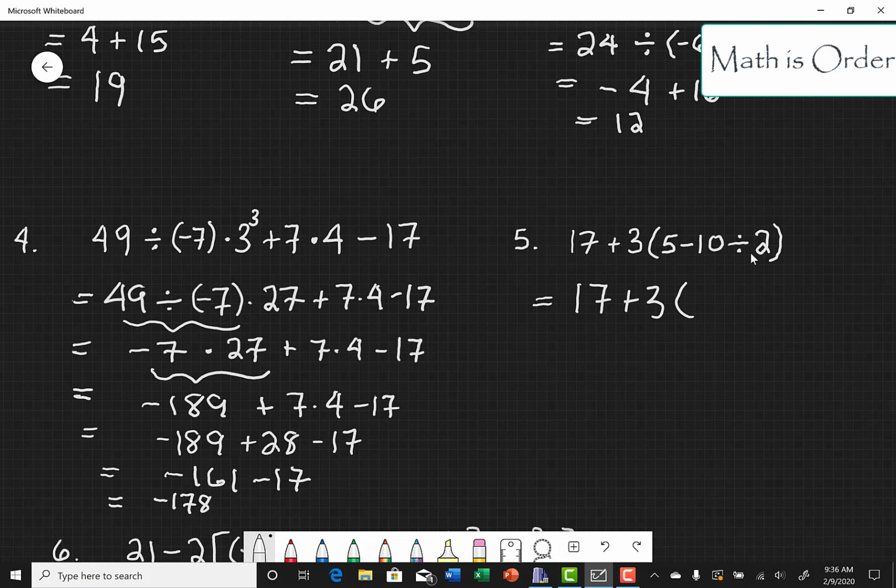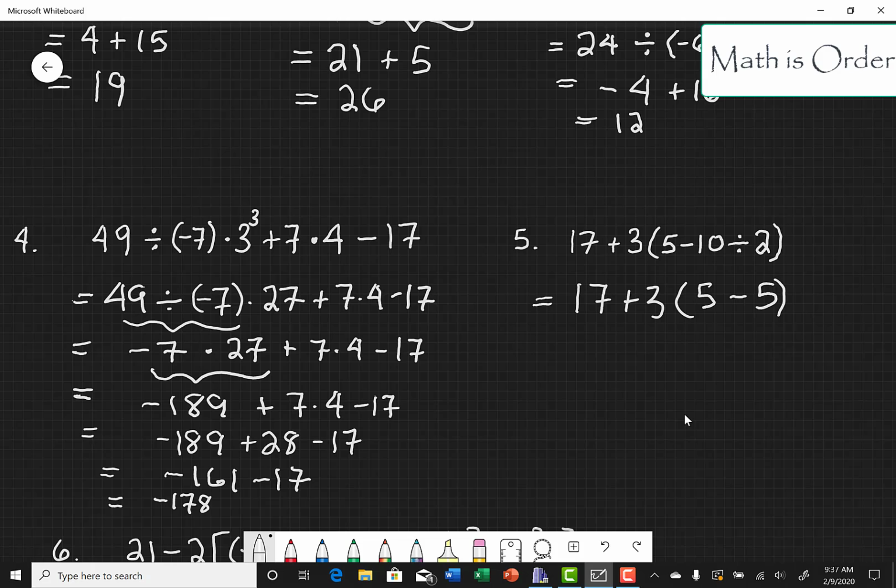Well, division takes a higher precedence than subtraction. So we do the -10 divided by +2, and that will give us a -5. And keep it in parentheses, right?